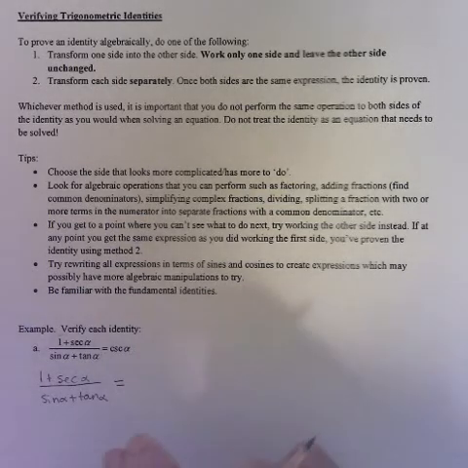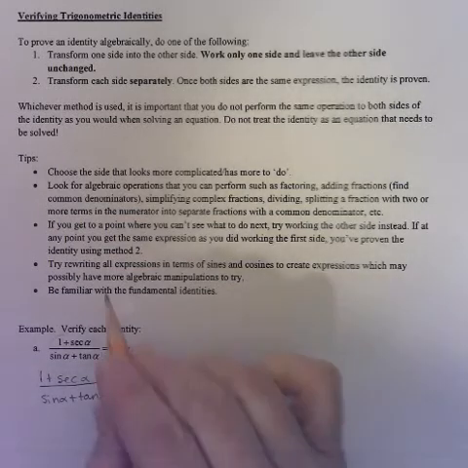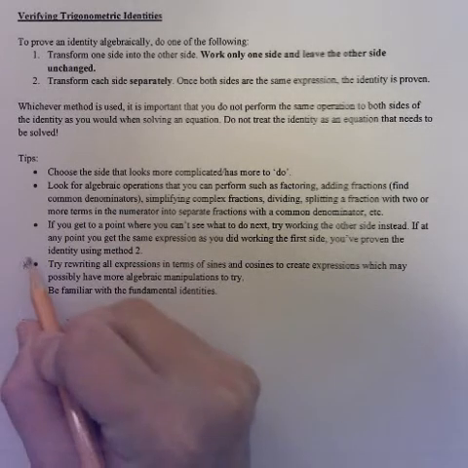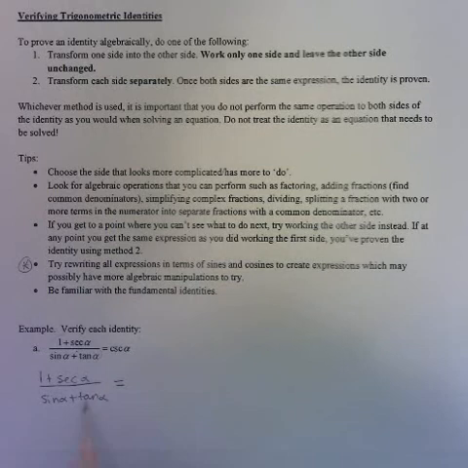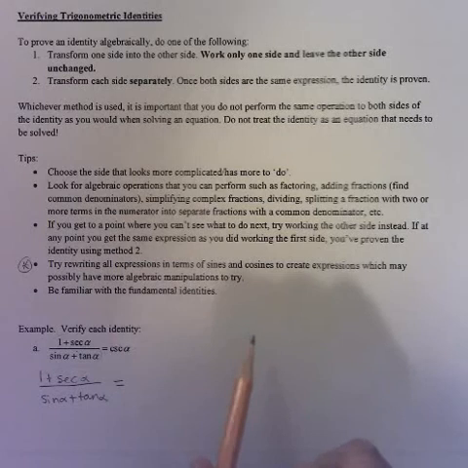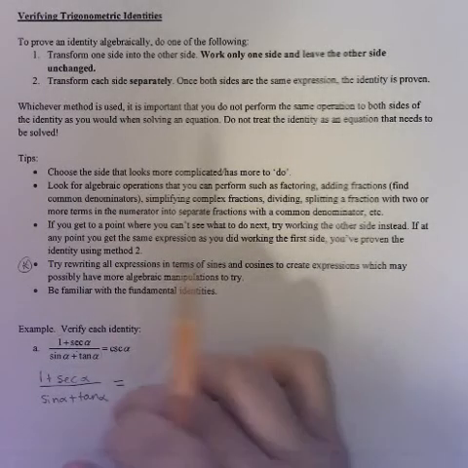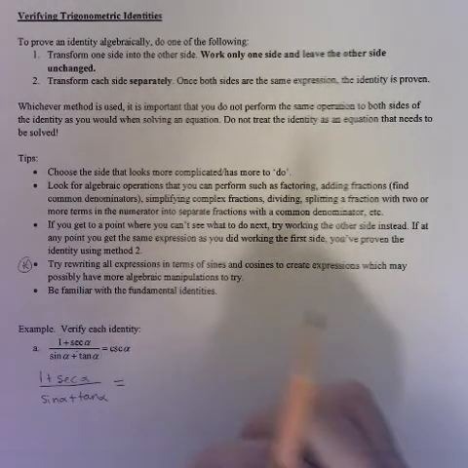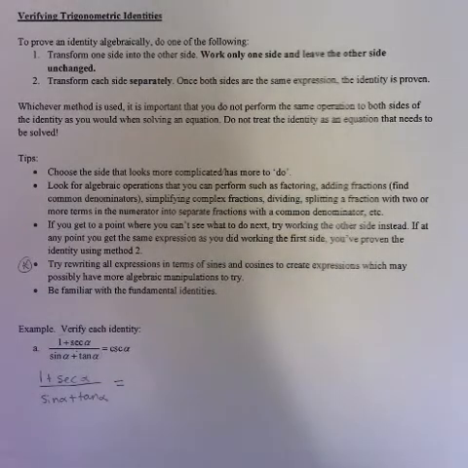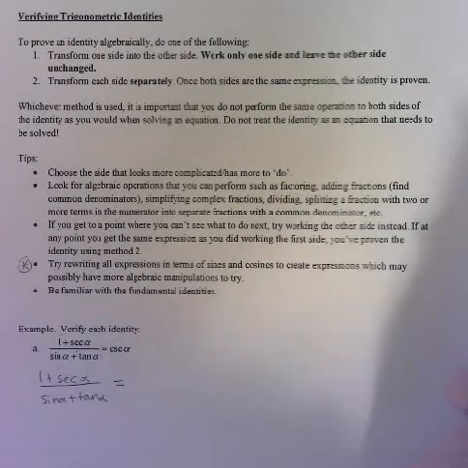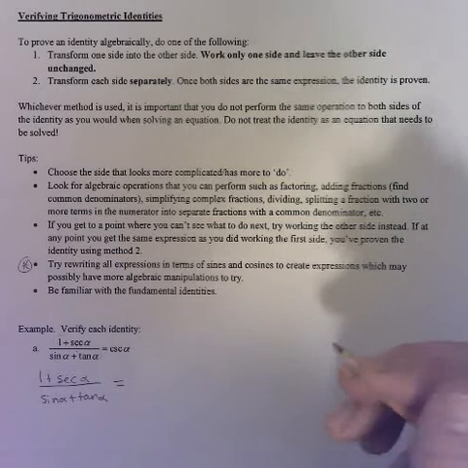And this tip right here we use a lot. We're going to use that on this one actually. If you have secant, cosecant, tangent, or cotangent, you can rewrite those in terms of sines and cosines, and then that usually produces more things to work on. And of course, you want to be familiar with the fundamental identities. If you're not, that will make things a challenge.